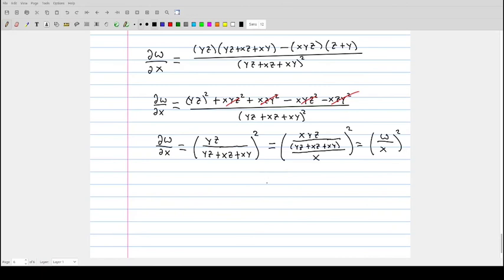And this expression, sure enough, when the x's cancel out, leaves us with just yz over yz plus xz plus xy squared. Alright, so this expression is much shorter, more compact, and nicer, I think, than the expression that we obtained by directly solving for w and then doing the partial derivative.